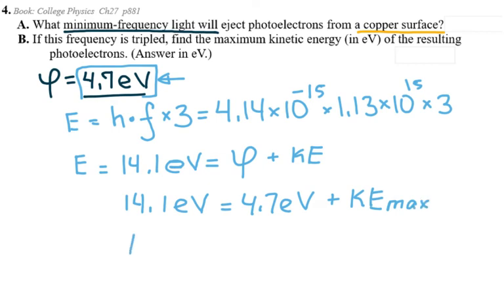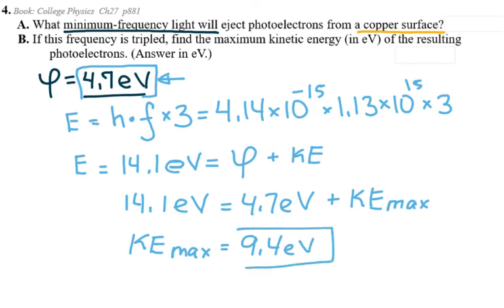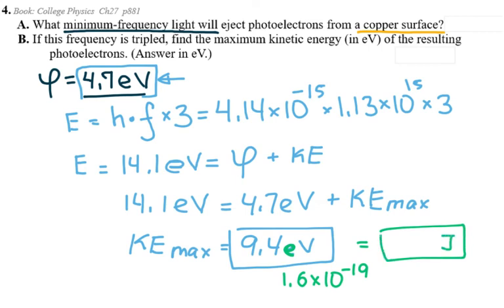So the maximum kinetic energy of those ejected electrons is equal to the difference between these two numbers, which is 9.4 electron volts. And again, if you have to convert electron volts into joules, you replace the electron volt with 1.6 times 10 to the negative 19, the charge of the electron, and your answer is going to be in joules.